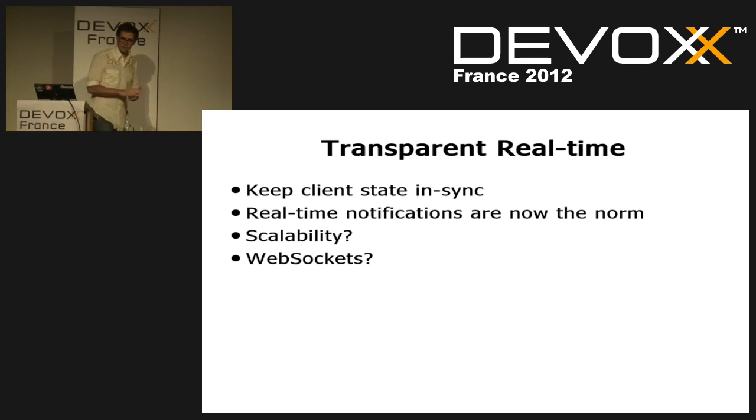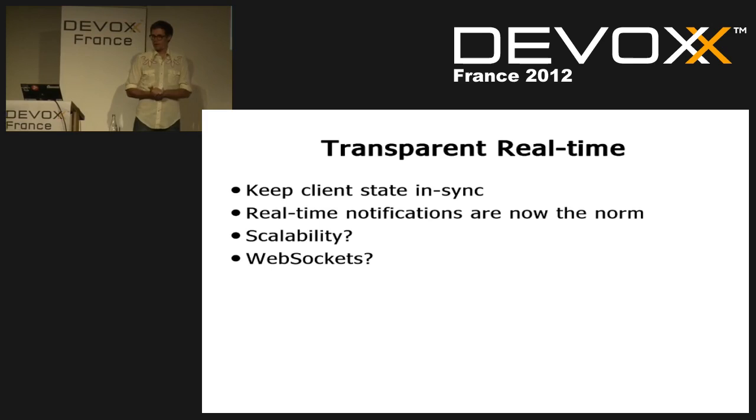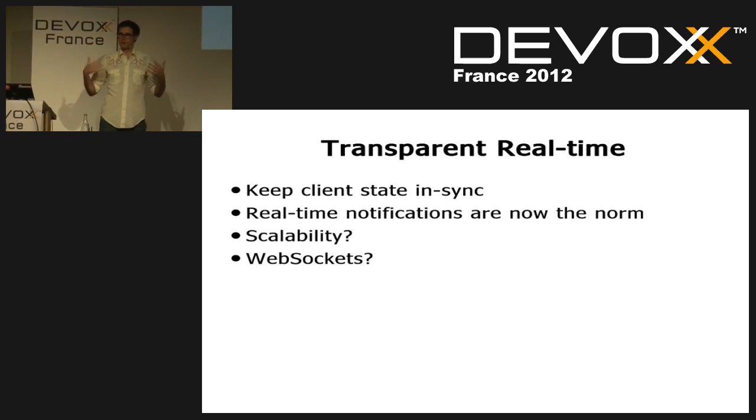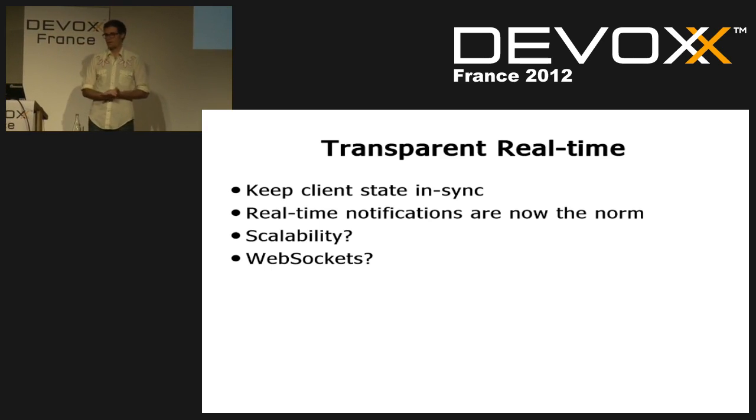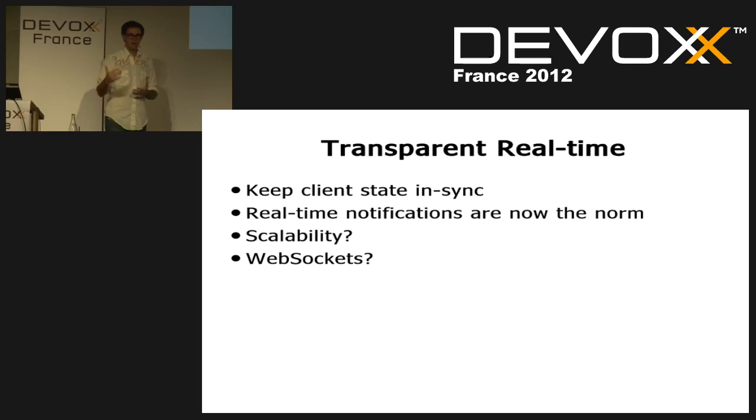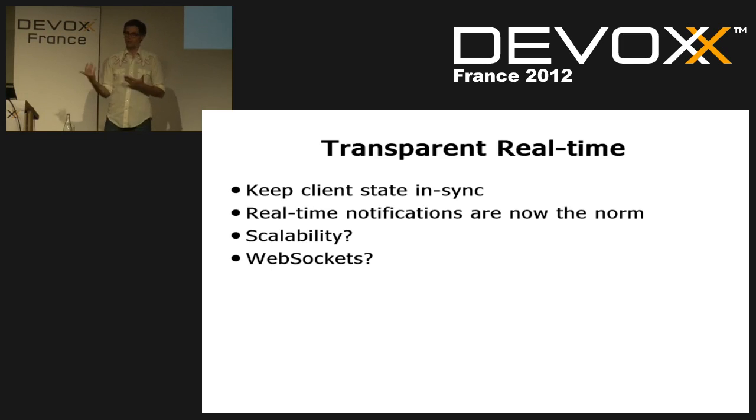And then transparent real-time. I've talked a little bit about this, but this is really just becoming things like instant notifications out to the client, and instant data updates are just becoming normal. There are some potential scalability concerns here. I think Play and a lot of the new Scala web frameworks do a really good job of addressing this.